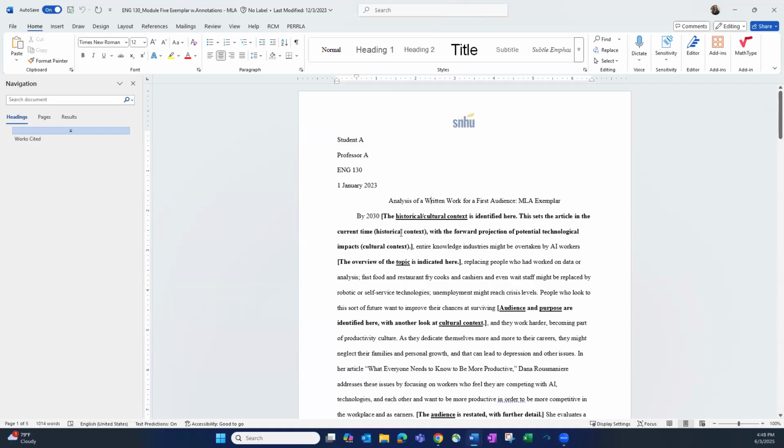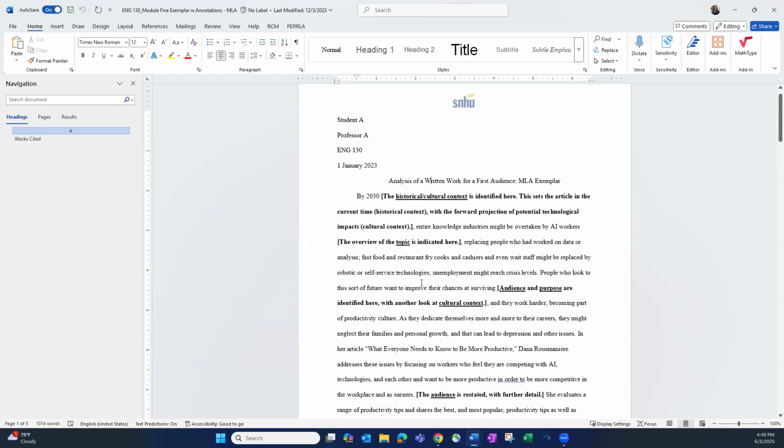But what I want to draw your attention to is in this essay, the student has taken the historical context and all of the other aspects and requirements of this assignment and has basically weaved this into their introduction and some of their information. I know it feels like sometimes it would maybe be a little bit easier to sort of just come up with a basic outline of all of the information that you need to include.